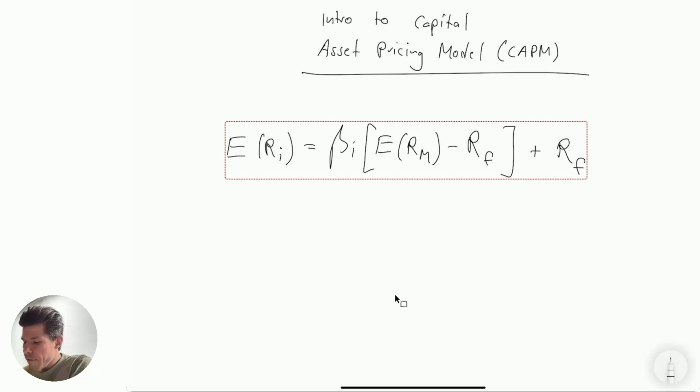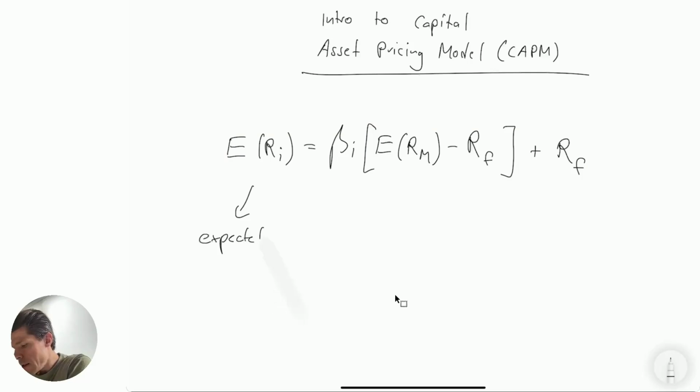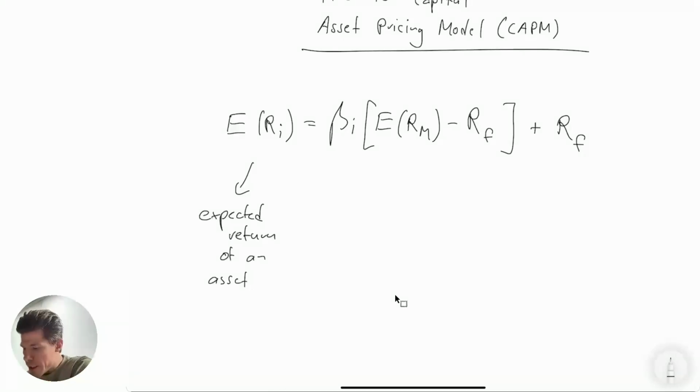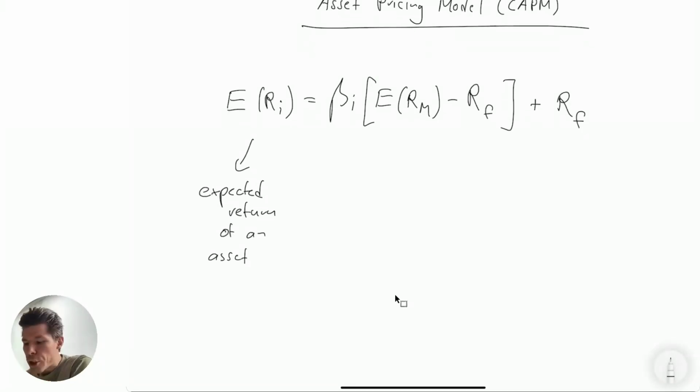So overall, that's what we want to calculate, the expected return of an asset. If we use it for company valuations, here we use this for the return on the equity.